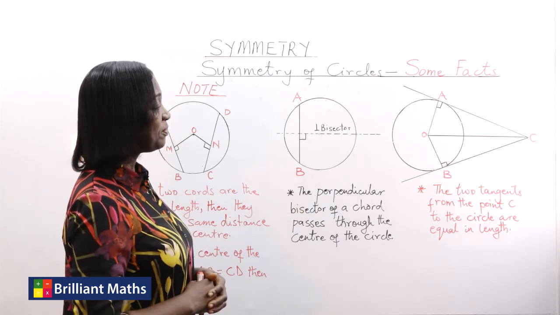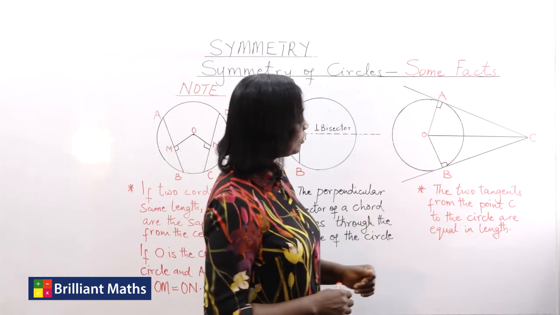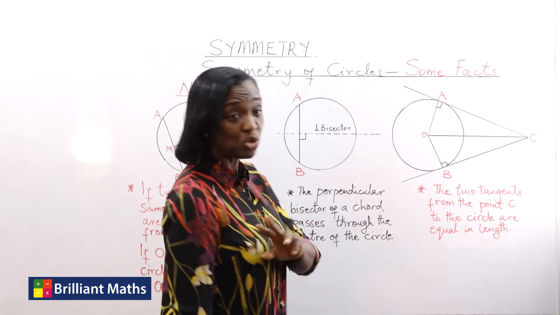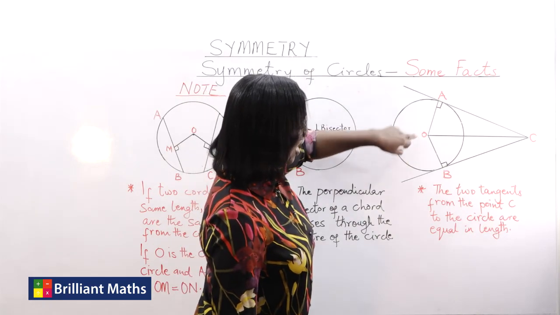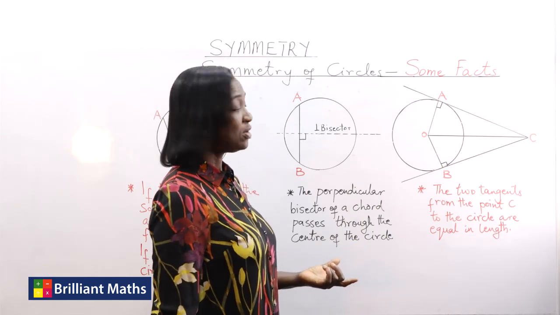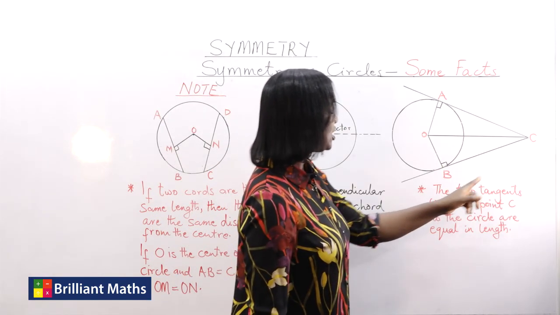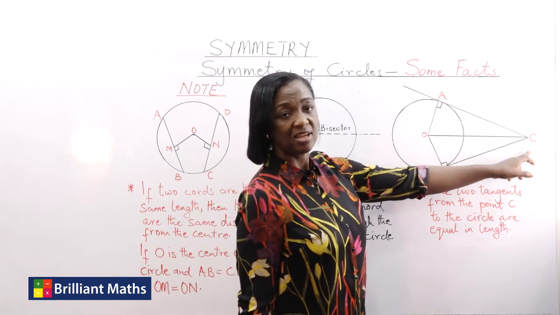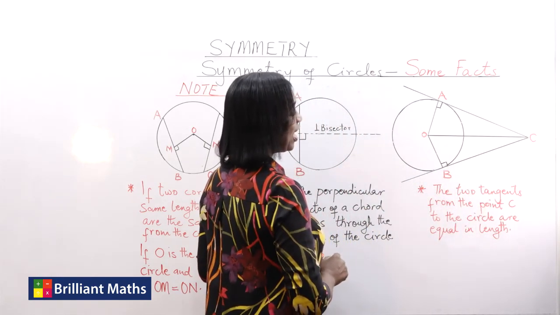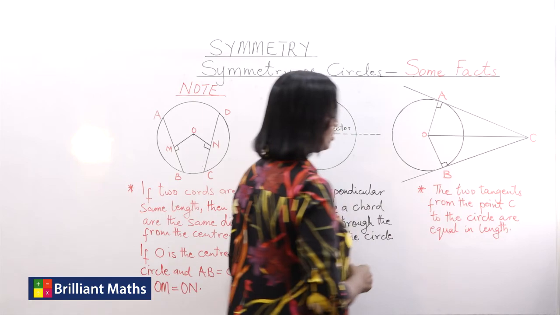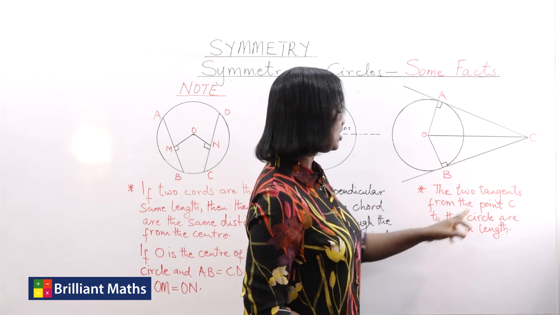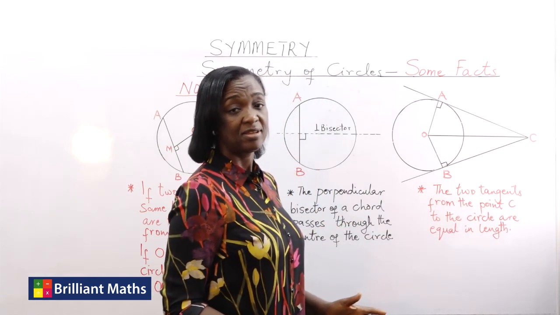And then finally, from the third diagram, we have the circle with center O, and two radii, OA and OB. So if there are two radii, then they are both equal. The fact says that the two tangents from the point C, the tangent BC and the tangent AC, are equal in length.